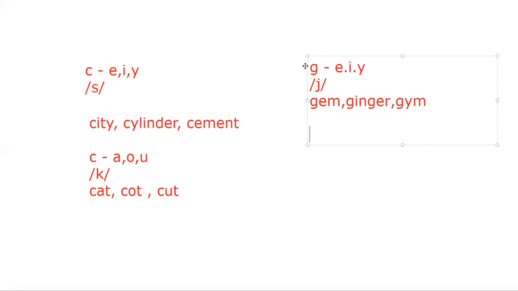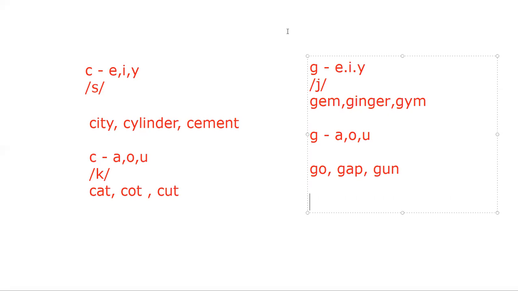But when it is followed by A, O, or U, then it gives G sound, like in go, gap, gun. But there are exceptions to this rule.